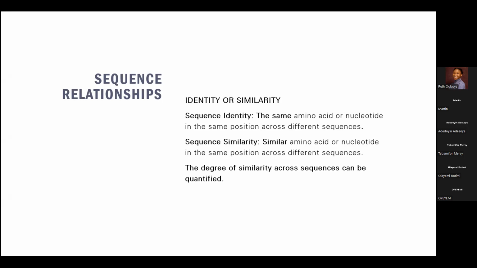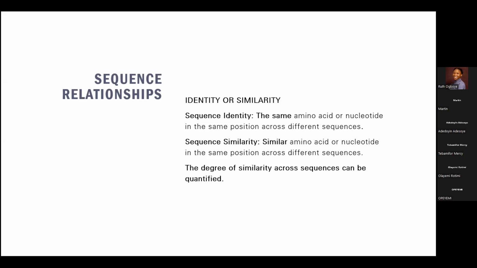So the example I was giving was if you have adenine in position 1 of your first sequence, and you have guanine in position 1 of another sequence, they are similar, but they are not the same nucleotides. They are similar because adenine and guanine are both purines, right?